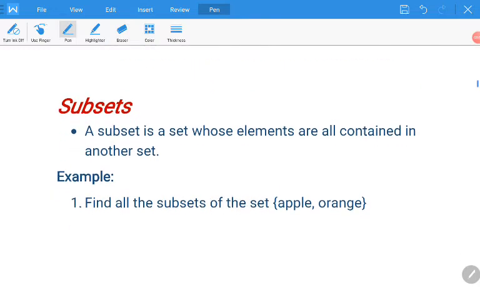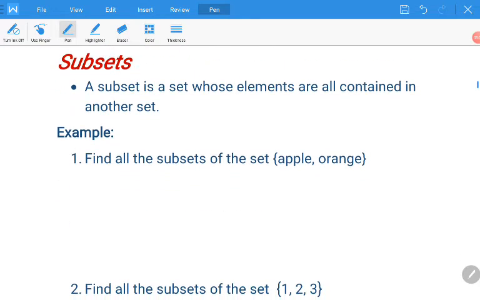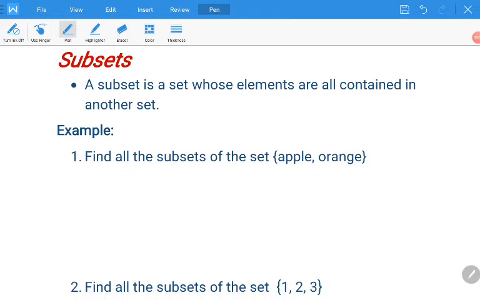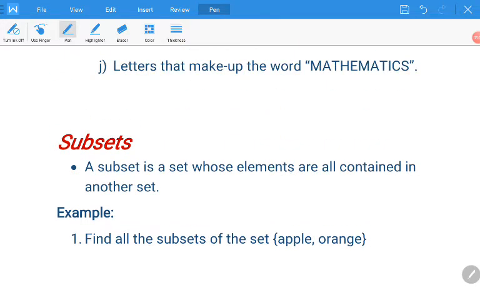So the next section that we are going to look at is subsets. A subset is a set whose elements are all contained in another set. So let's suppose A is a set of numbers which are less than 10.